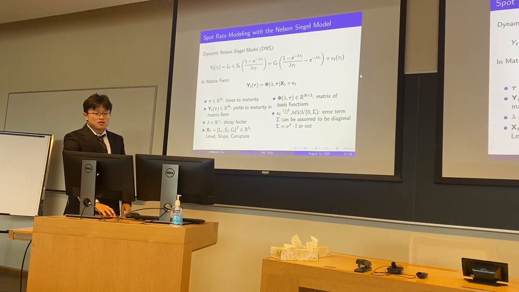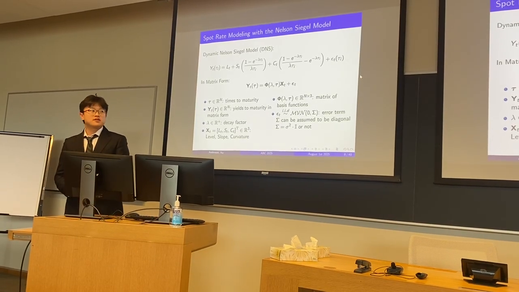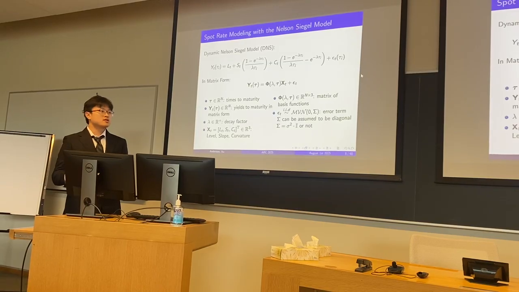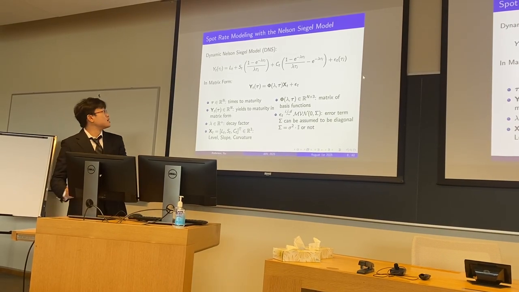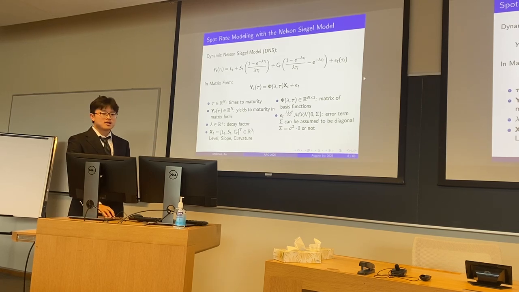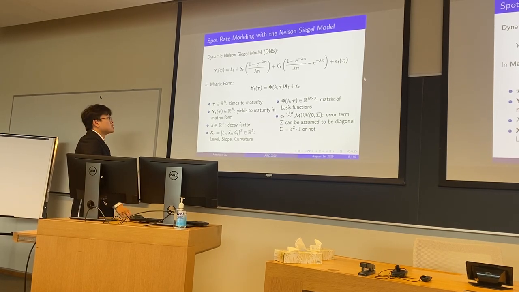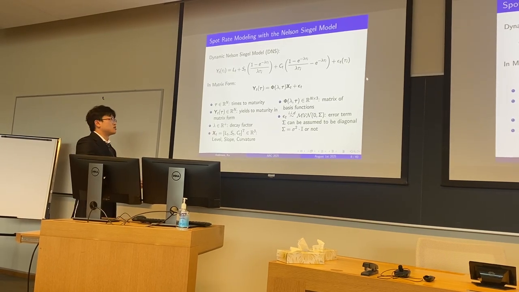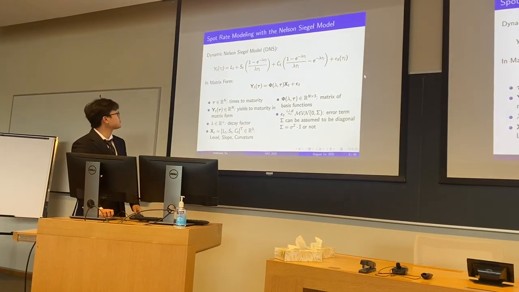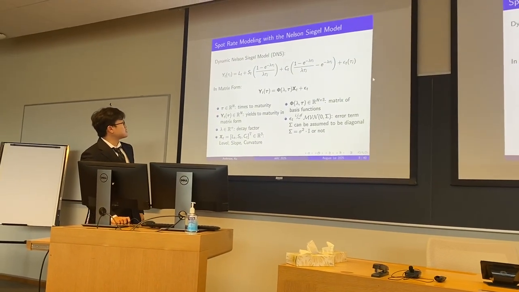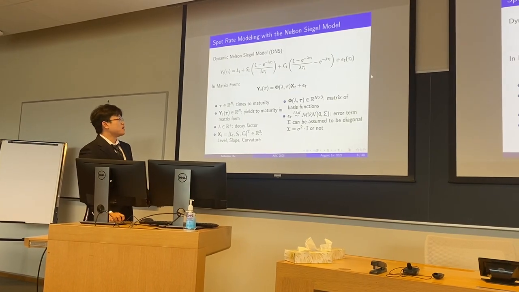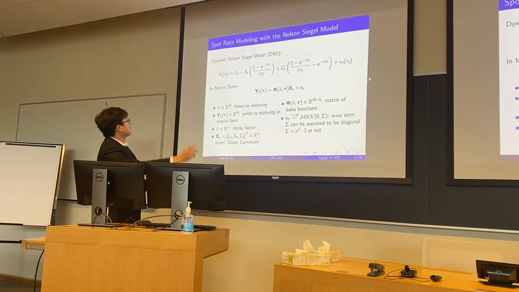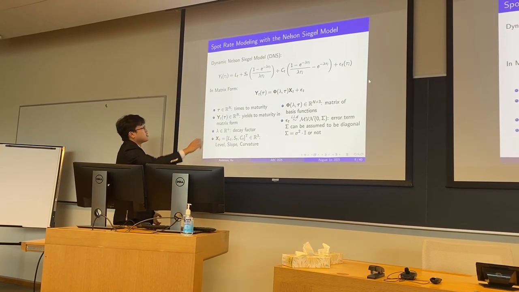In order to project the future surface, we have two things to do. First, we fit a model using the past data, then we project out the future. The Nelson-Siegel model is a common model that we use to fit a yield curve. It decomposes the yield curve into a linear combination of level, slope, and curvature.